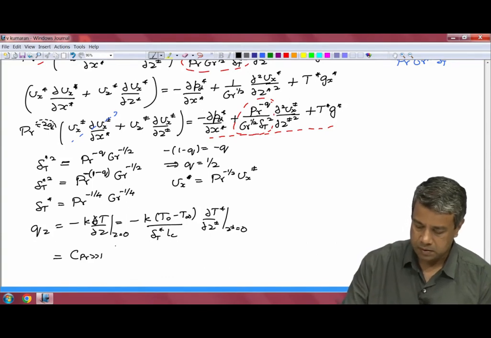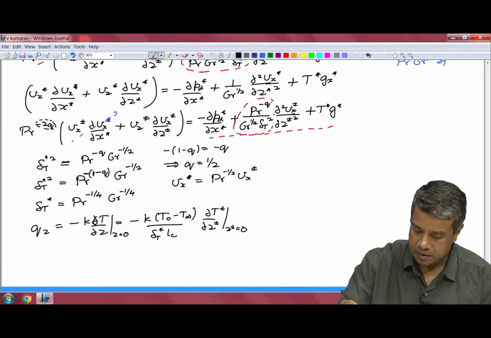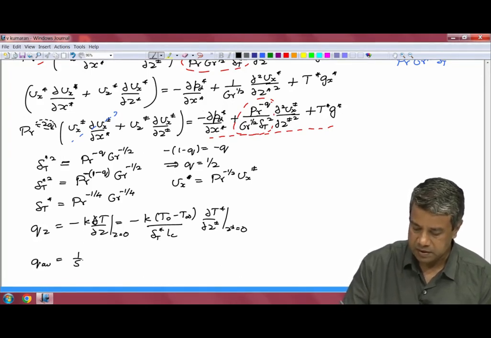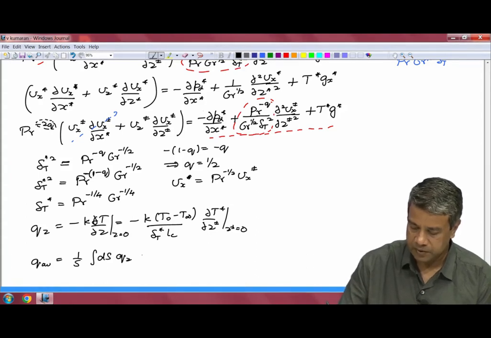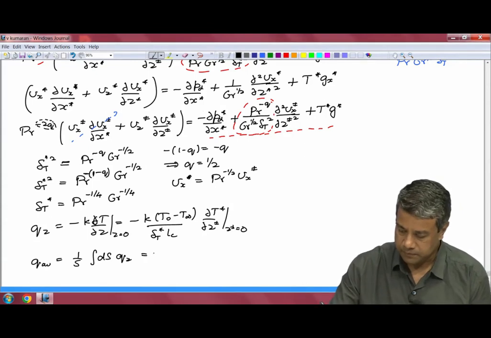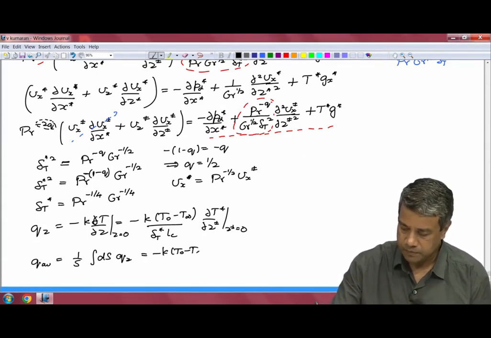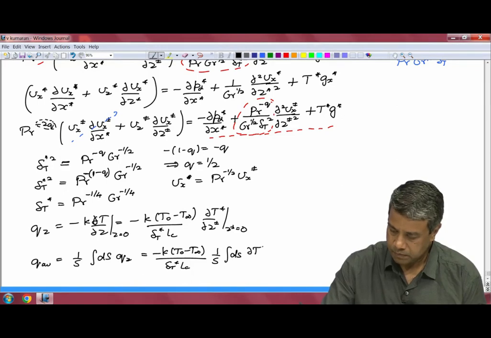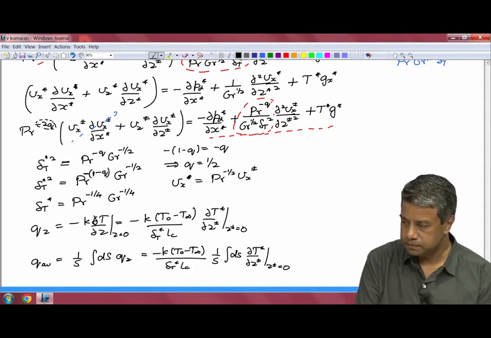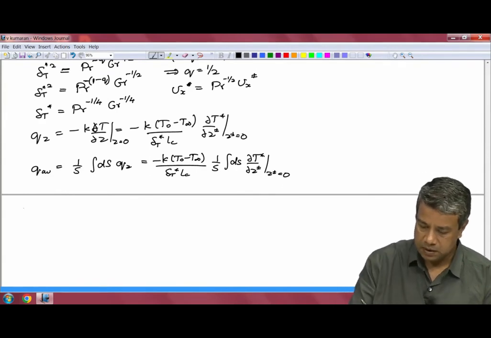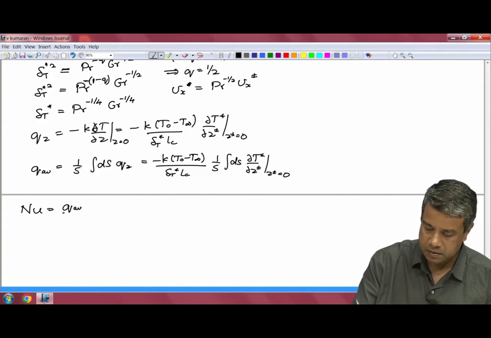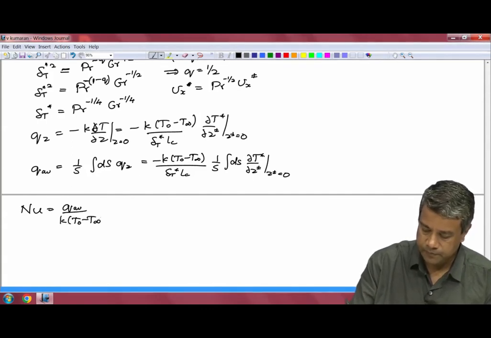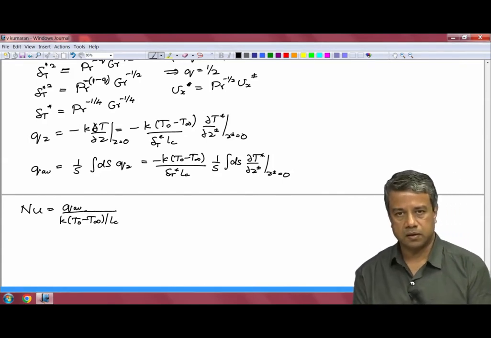So, this is the local flux, and the average flux is equal to 1 over S integral over S of qz, and the Nusselt number is equal to q average by k. That is the correlation for the Nusselt number.